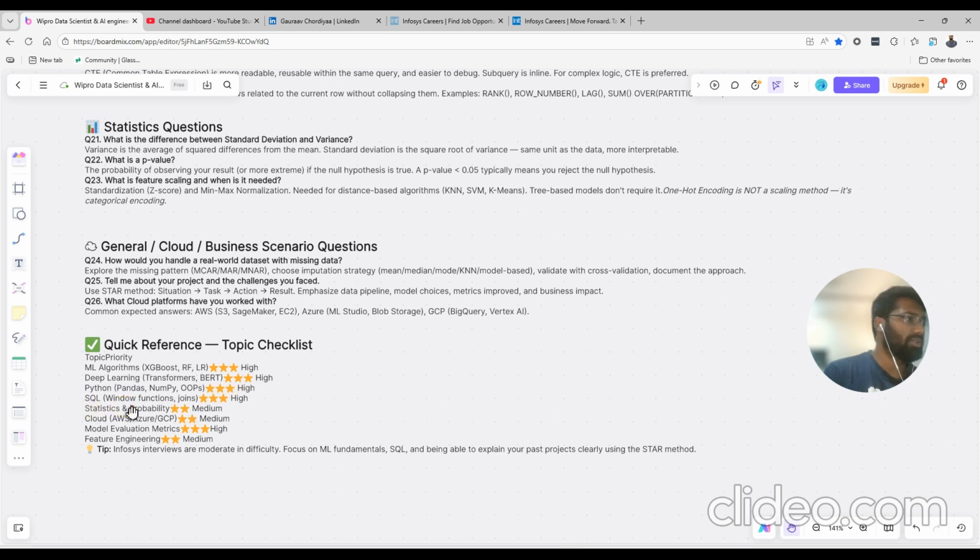Next is SQL, and you'll get window functions as I mentioned, and joins. If you know window functions and joins, you will be able to crack those interviews, and high chances you will get questions around it. Now statistics and probability.